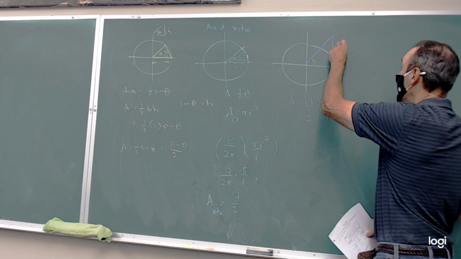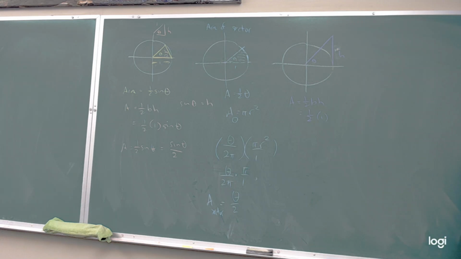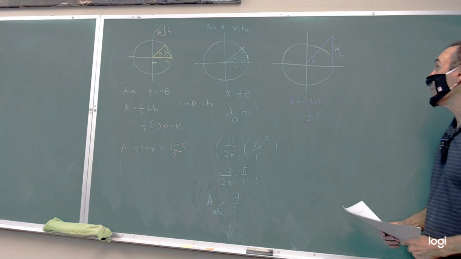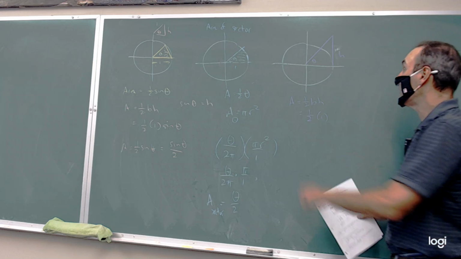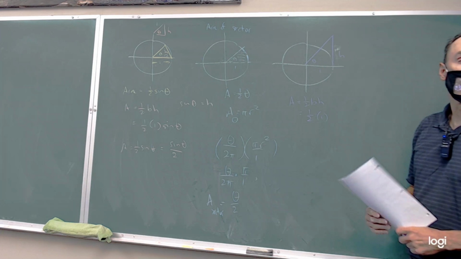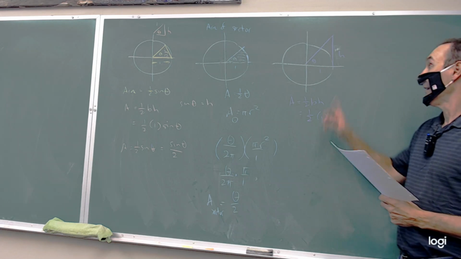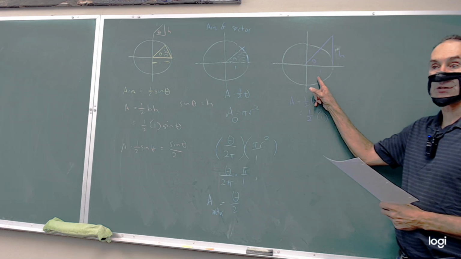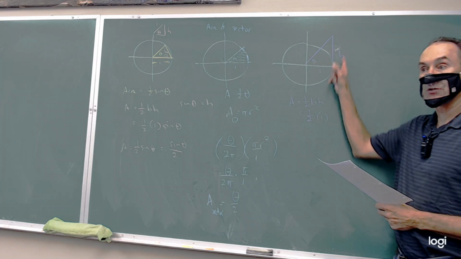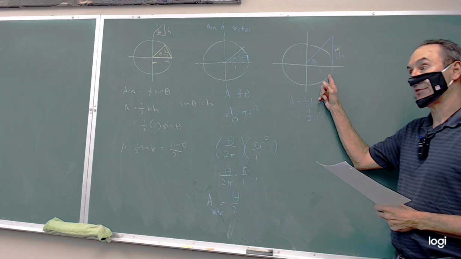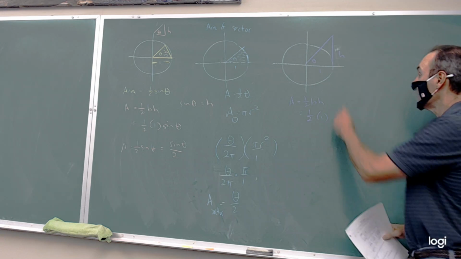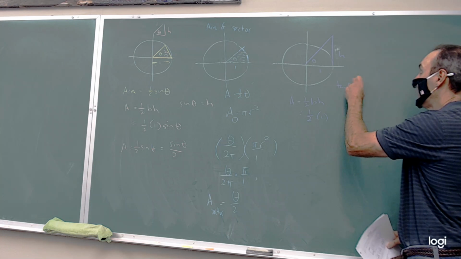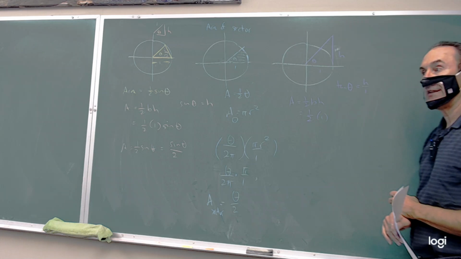Now I'm going to get the height. So again, we're going to use our SOHCAHTOA, but we don't know what the hypotenuse is, so we don't want to use that. So we're going to use a different trig function. This is opposite, that's adjacent. So the tangent of theta is opposite over adjacent.